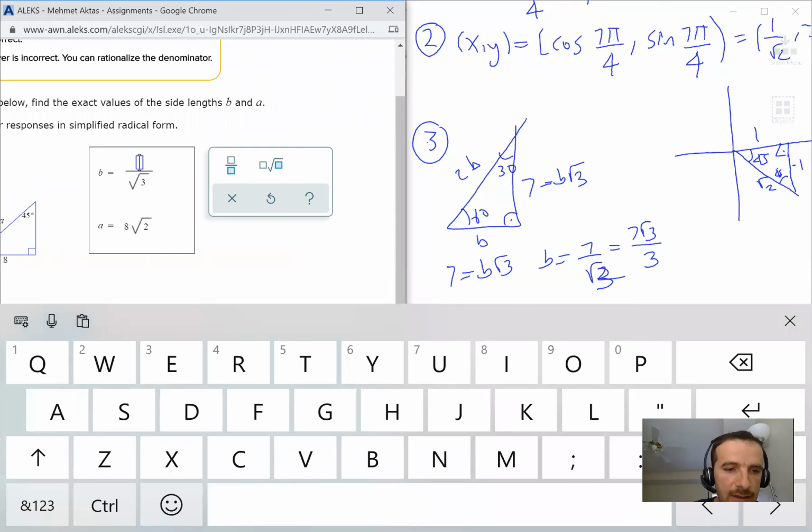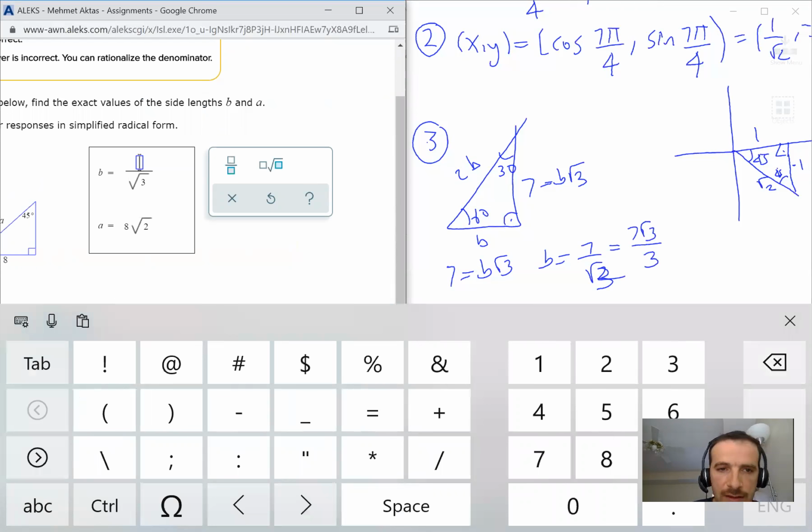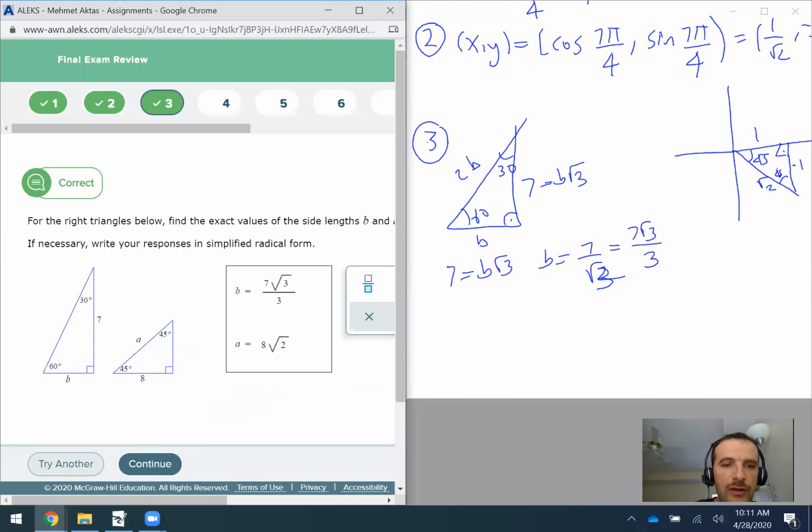Yes. 7 root 3 over 3. Okay. All right. Whenever you have a root in the denominator, it's good to rationalize it.